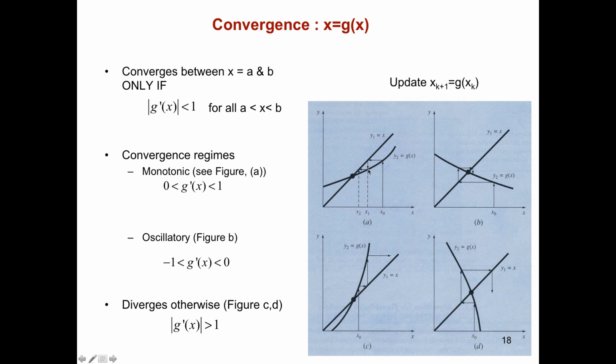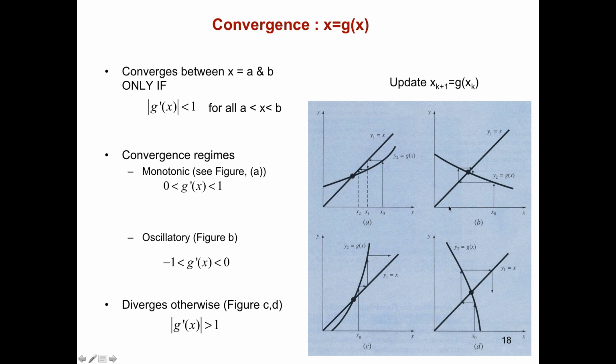I walk myself over to this function where y's and x's are equal, and I find its x value. That's my x2. And I keep going like this. So I can see that I'm sliding down toward this intersection point, so I will actually get closer.